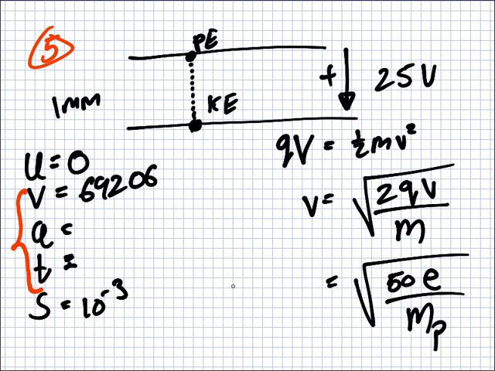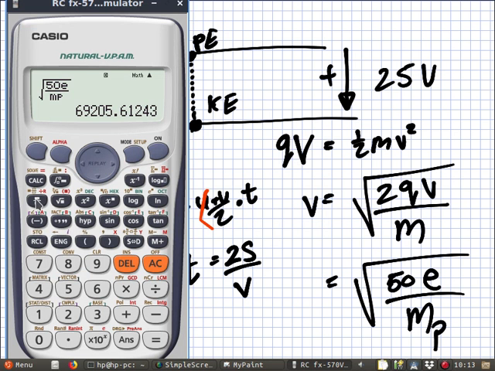S equals U plus V over 2 times T, and the U is 0. So T is 2S over V. Great. 2S over V. Tiny.